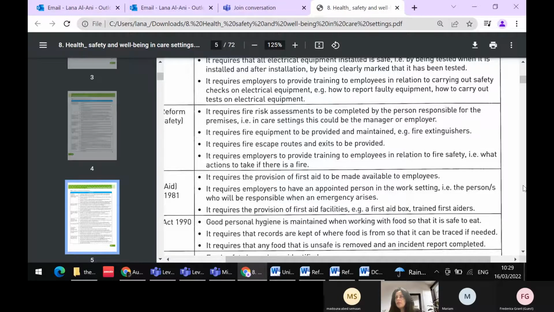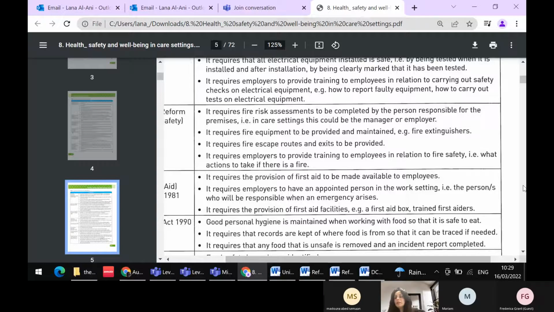There are some people you can call and say, we have a fire extinguisher in the building that has not been used for a year now, could you please come and check it? So they come, check it, and certify it. So it needs to be properly maintained. And it also requires the fire escape or fire exit to be always provided and always clear.